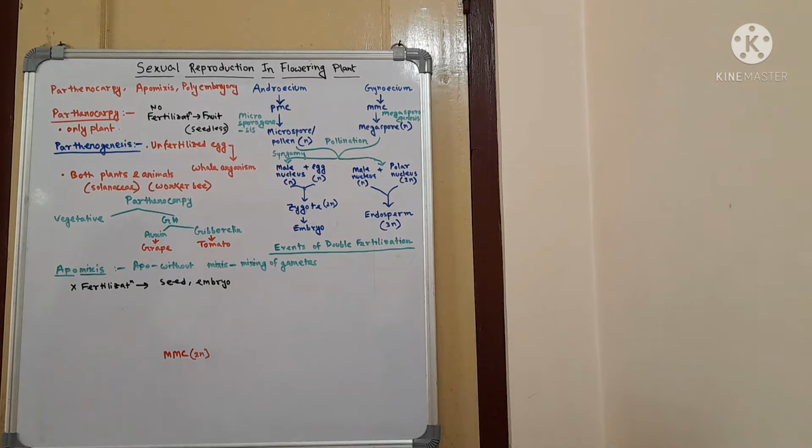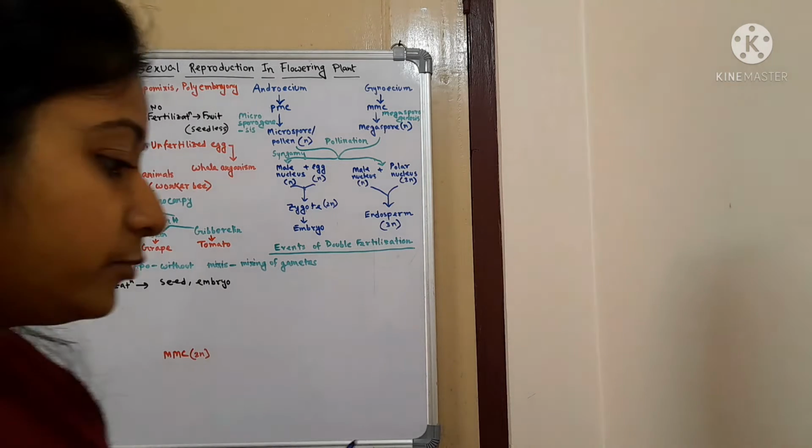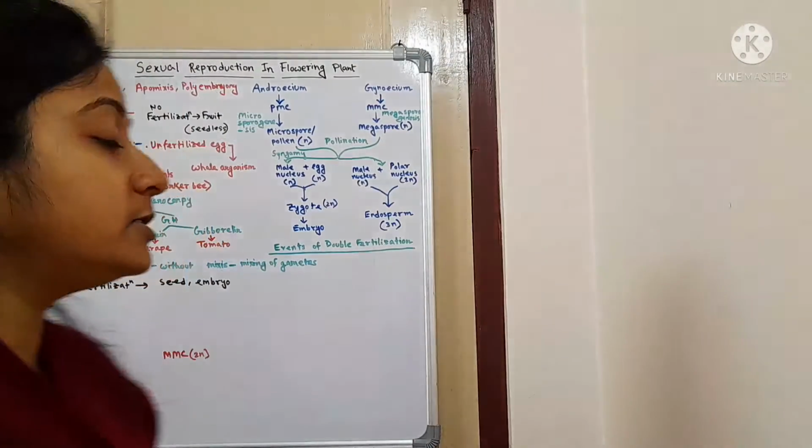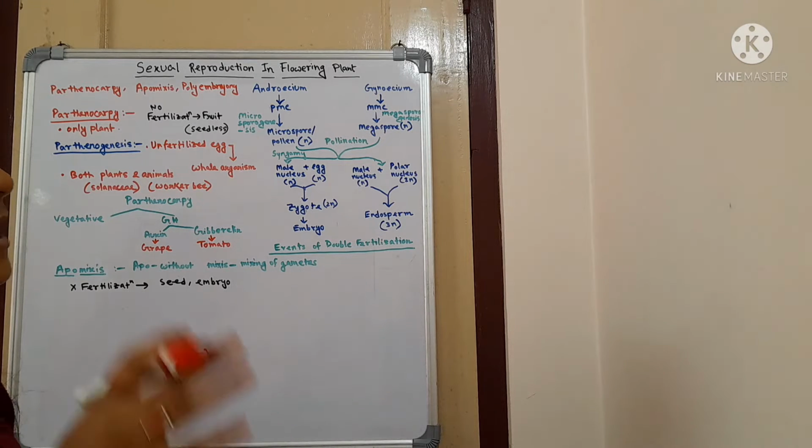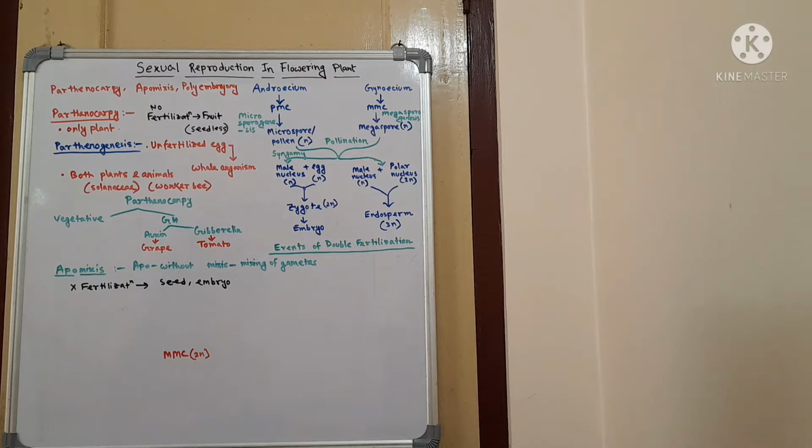Now, suppose some abnormal event is happening, due to which there will be no meiosis cell division. Normally, the megaspore mother cell undergoes meiosis cell division and gives rise to 4 haploid megaspore cells. Out of those 4 haploid megaspore cells, from 1 megaspore cell, embryo sac formation will occur, right?